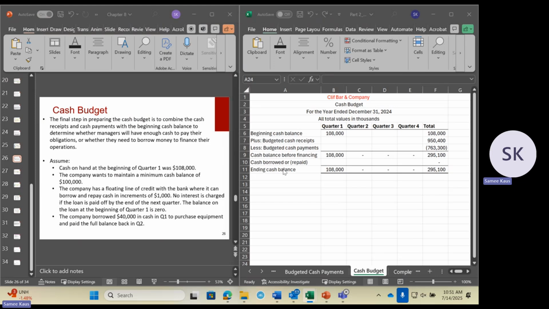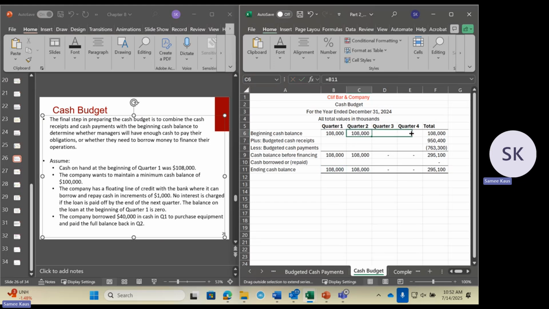So it tells me that my cash on hand at the beginning of Q1 was $108 million. So I'm going to plug that beginning cash balance in. Now notice it only gives me the beginning cash balance for Q1. How do I calculate these ones? Well, isn't it just going to be that my beginning cash balance at the beginning of Q2 is equal to my ending cash balance from the end of Q1?